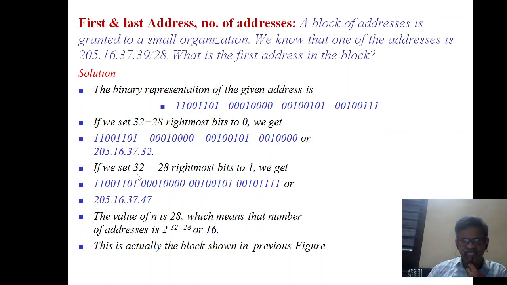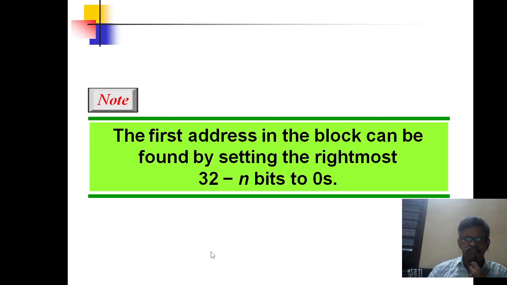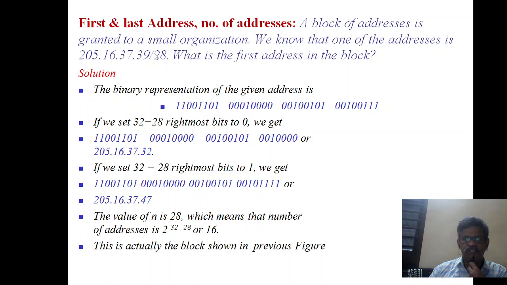And if we set the 32 minus 28 rightmost bits to 1, all four you put 1, you get the last address, which is 47. So variation is occurring in this portion, 0000 to 1111, 16 addresses.